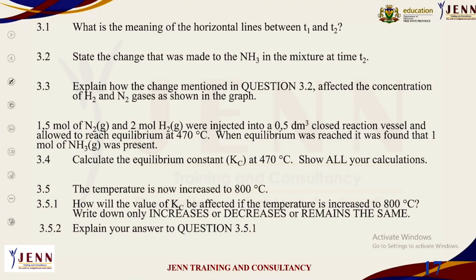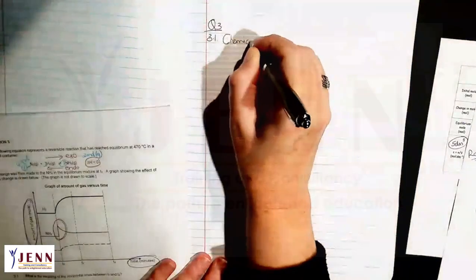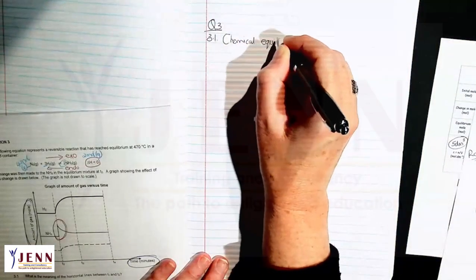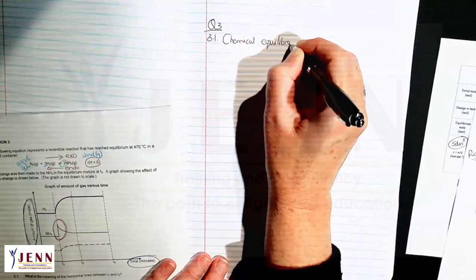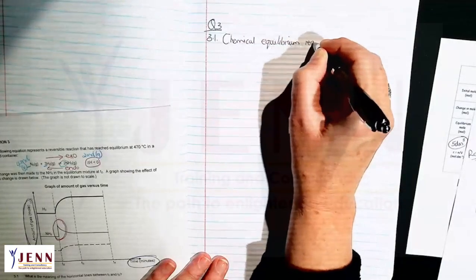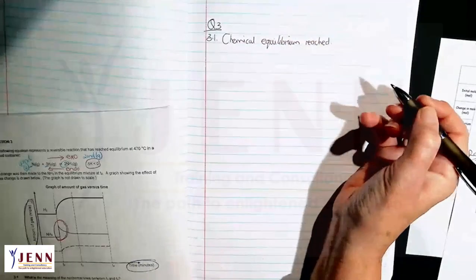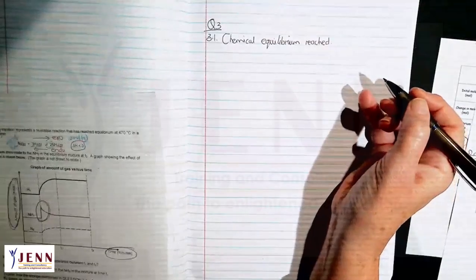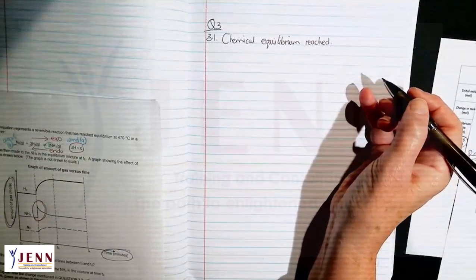So that means for what is the meaning there? That means it is chemical equilibrium reached. So there is where I already reach chemical equilibrium.